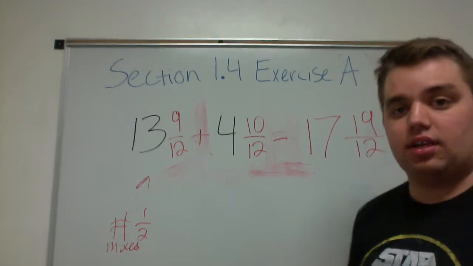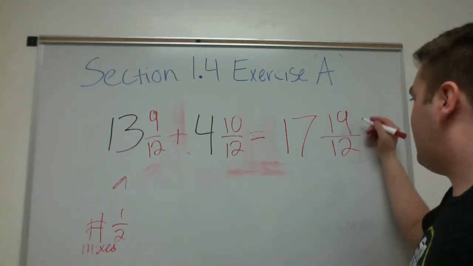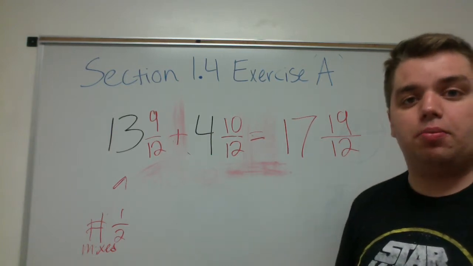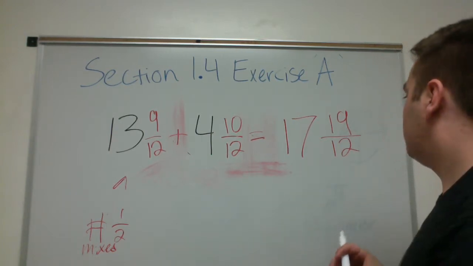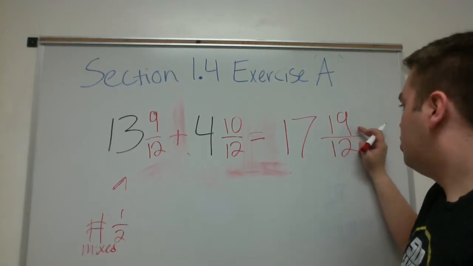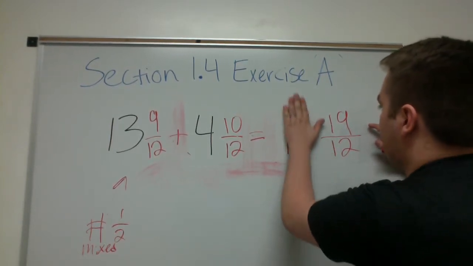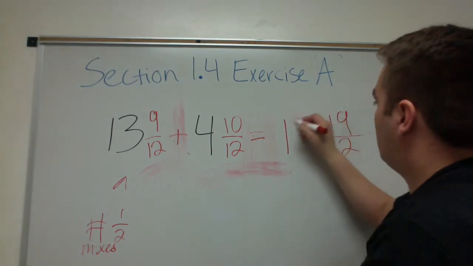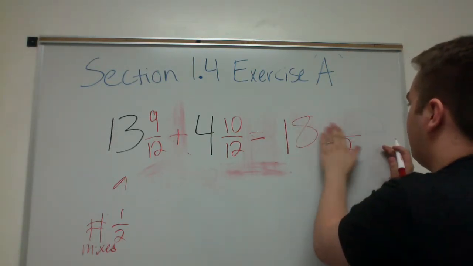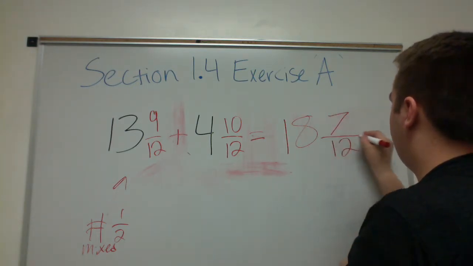But some of you are asking, well, wait, why is it 19/12 when 19 is greater than 12? That's a very good point. We need to not have that, right? So how many times can 12 go into 19? Only once, right? So we can add 1 to the big numbers and take away 12 from this. So 19 minus 12 is 7.